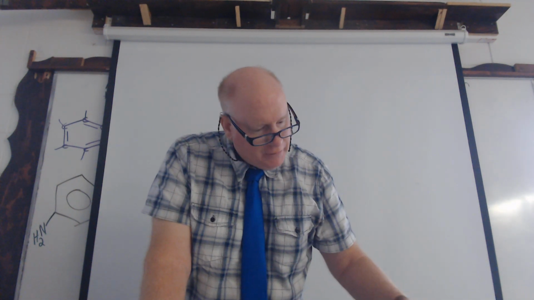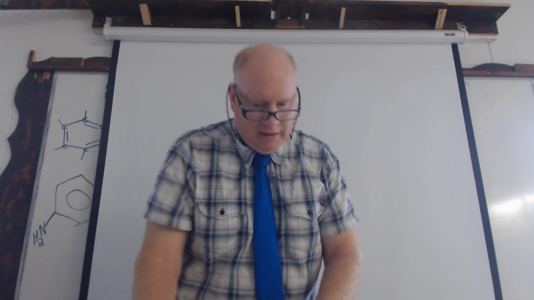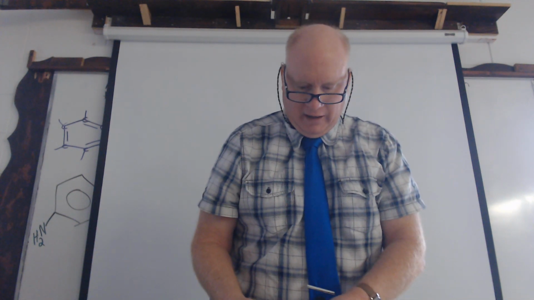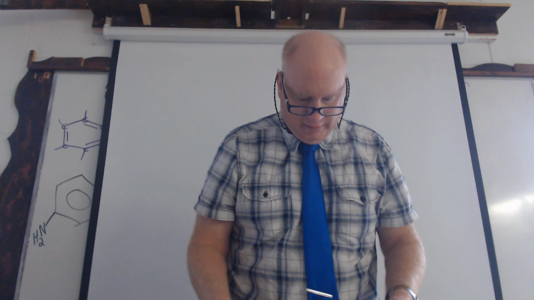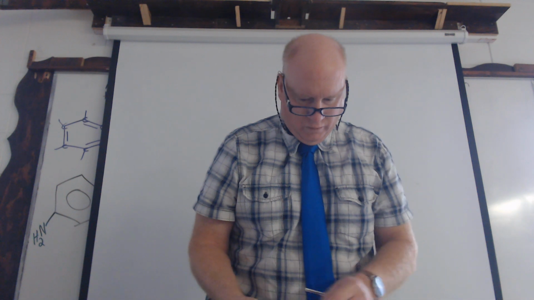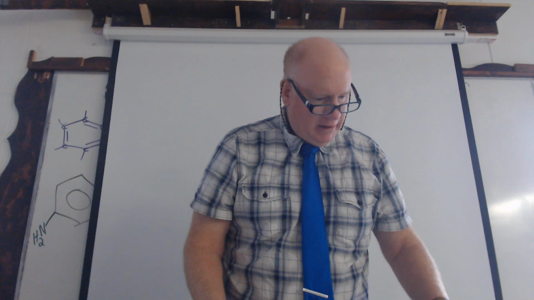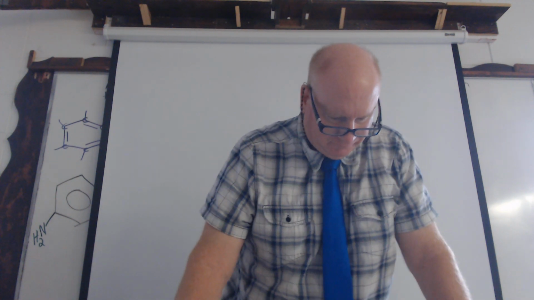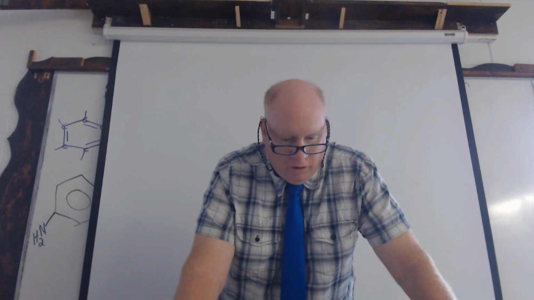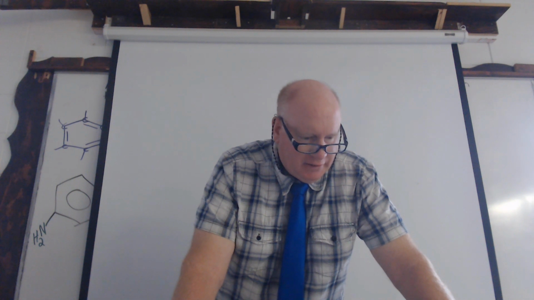Okay, so now we can go ahead and look at some of these aromatic namings, and it looks to me like it's 360. And you see a whole bunch of aromatic compounds there.